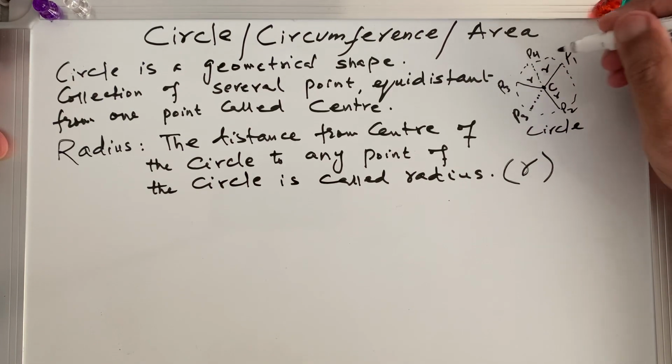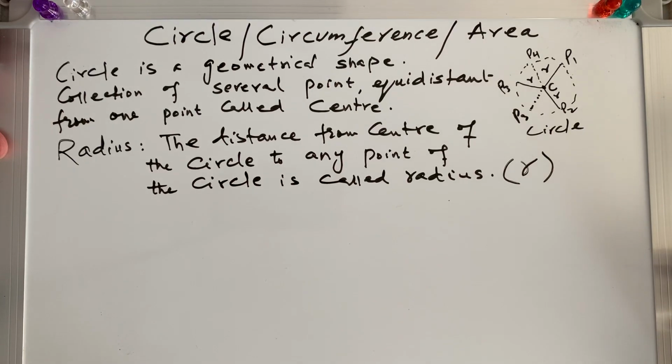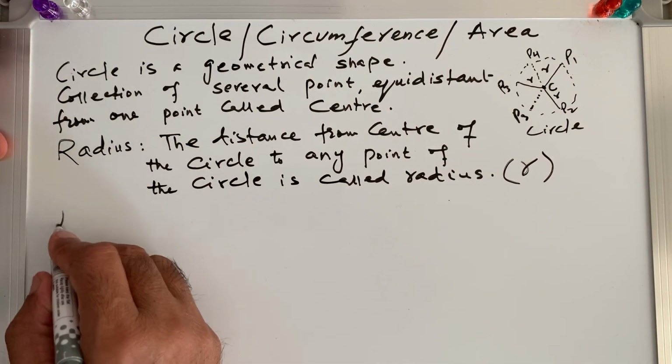Now we are seeing in both cases that this is the line segment which is joining the 2 points on the circumference of a circle, but passing through center. So this length of any line segment that passes through the center, where the endpoints are on the edge, is called diameter. So what is the diameter?